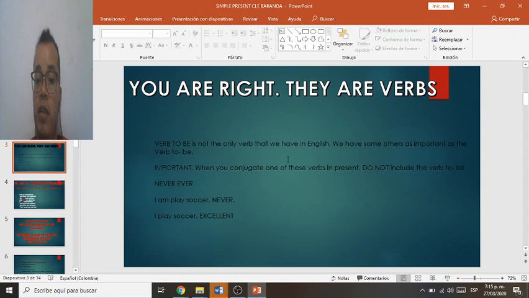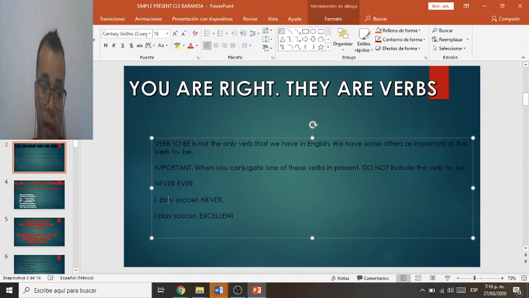Verb to be is not the only verb in English. We have some other verbs. But what happened? Most of the time when we are using the other verbs, we make a mistake. Cometemos un error. ¿Cuál error? Que siempre que le queremos colocar el verbo to be. For example, I am play soccer. Never. I need to say I play soccer.